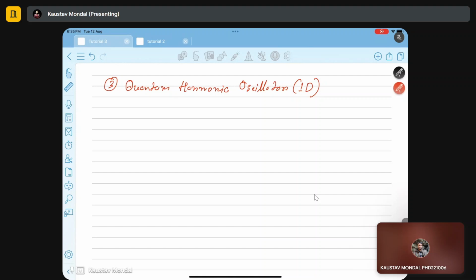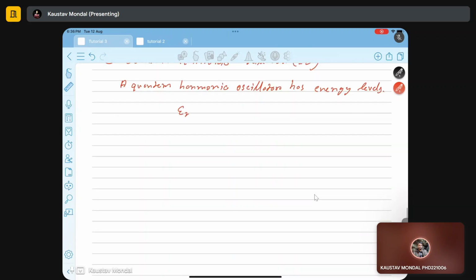In the problem itself, the expression of the energy states is mentioned. The quantum harmonic oscillator has energy levels E_n equal to (n plus half) h-bar omega, where n starts from 0.